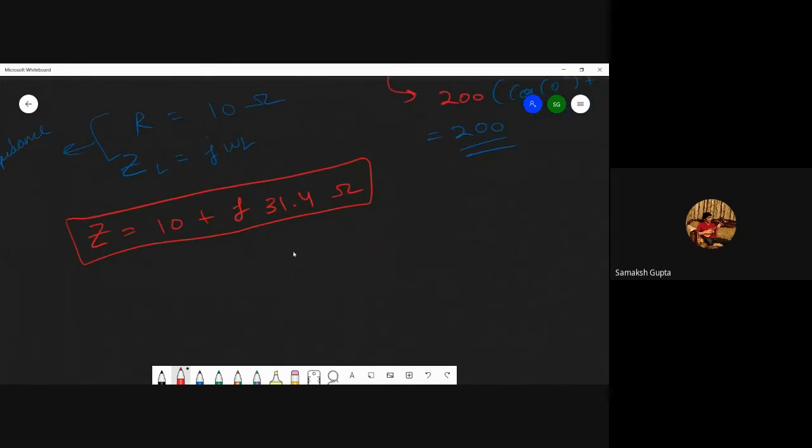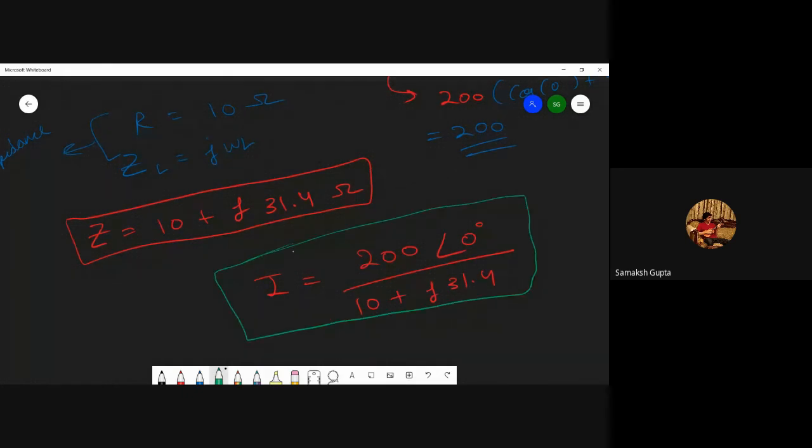So now to find current, you don't have to form any differential equations or anything because you've converted everything into this phasor notation. So you just have to divide this and you'll get the current in the circuit. This is just 200 only, by the way, because your angle was 0, so there was no imaginary part.